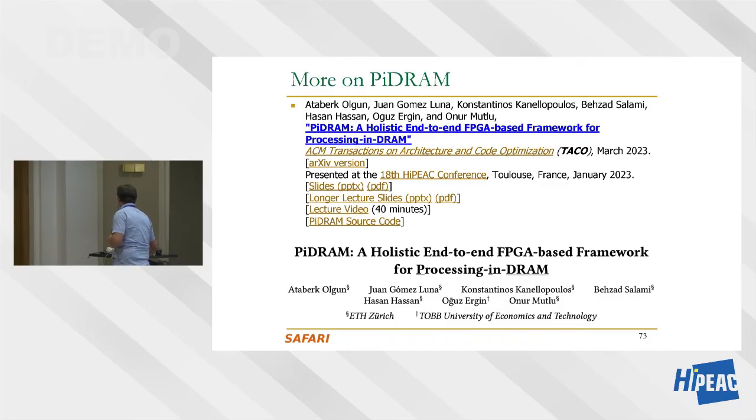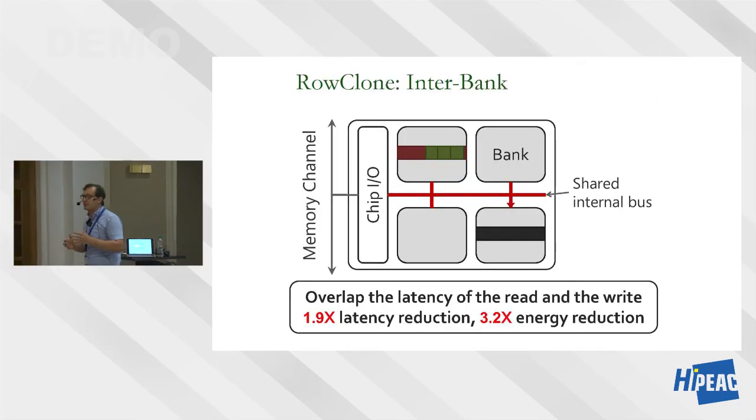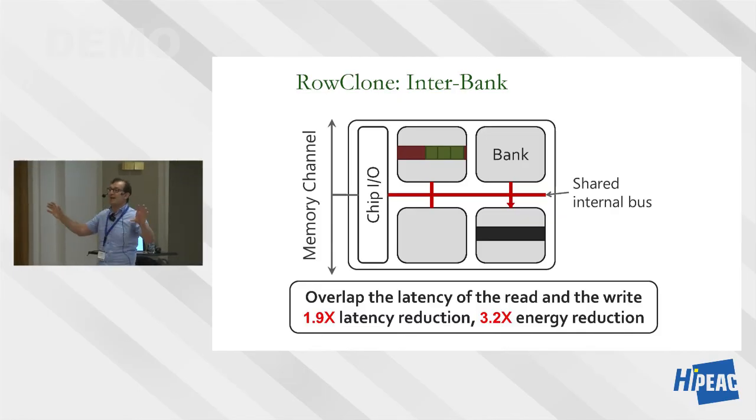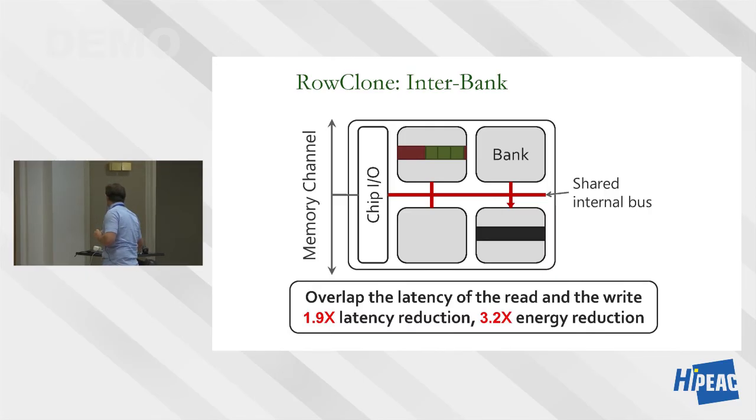There's another way of copying data. You may ask the question, what if the data is not in the same bank? If the data is in a different bank, then you need a little bit more modification. You cannot do this in real DRAM chips, because you need to modify the DRAM chip a little bit. But basically assume that there's a shared internal bus between banks in a DRAM chip.